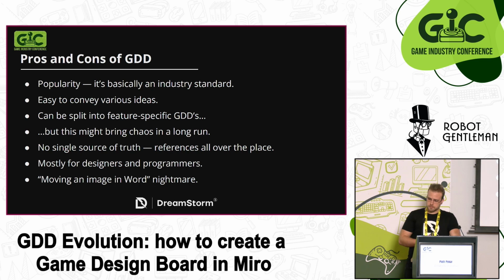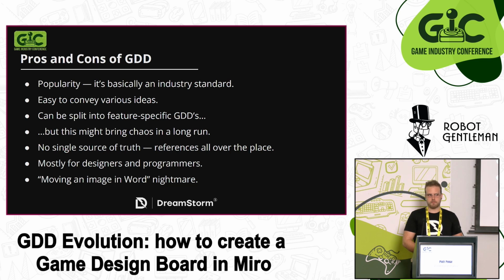Even though it's very popular, even though everybody in the game industry knows what the game document is, and it's easy to convey various ideas, once the project gets bigger, you probably would divide it into feature-specific documents. But this might bring chaos in the long run, especially with Word files where you have 0.1, 0.2, final 1, final 2, and a bunch of documents that are not really in sync with each other.